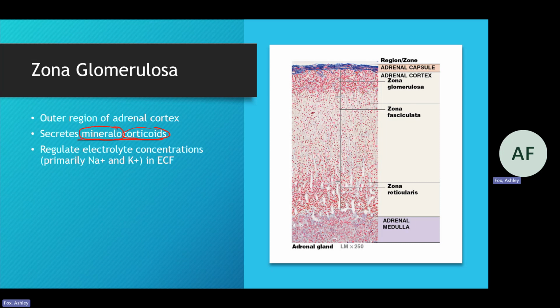So it's going to impact electrolyte concentrations. Mainly, we're going to focus on sodium. But sodium and potassium are major factors in the nervous system and muscular contraction. So the mineralocorticoids are going to regulate minerals in your extracellular fluid.